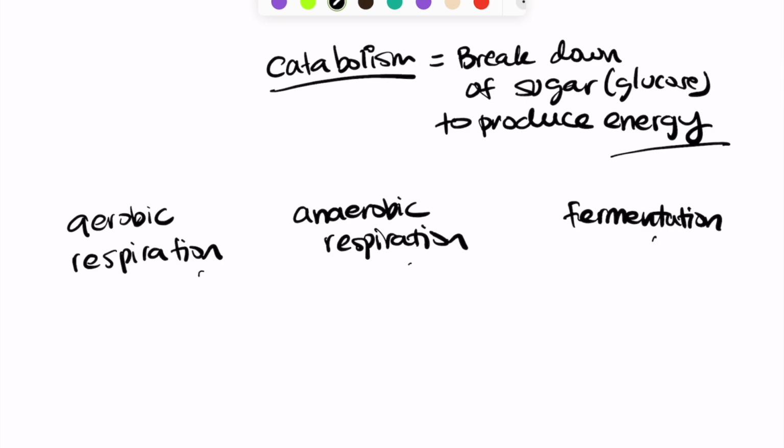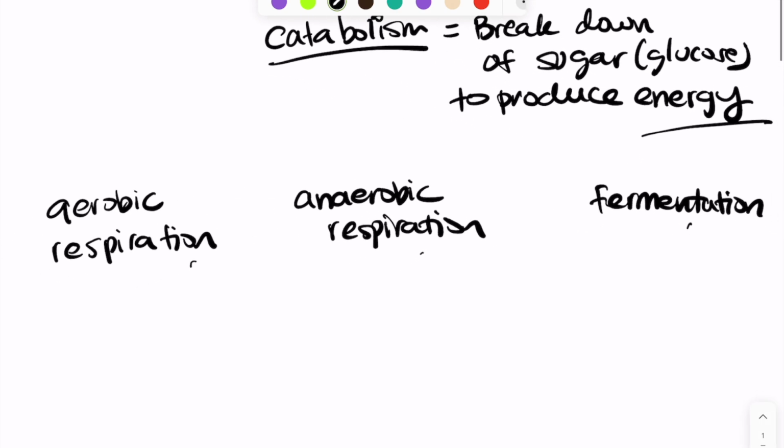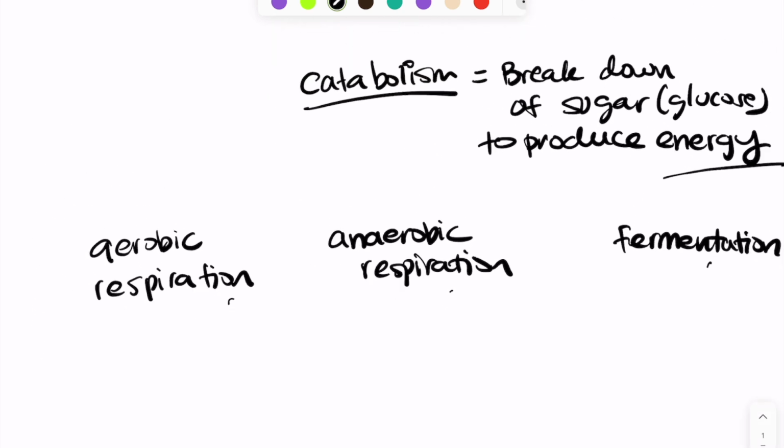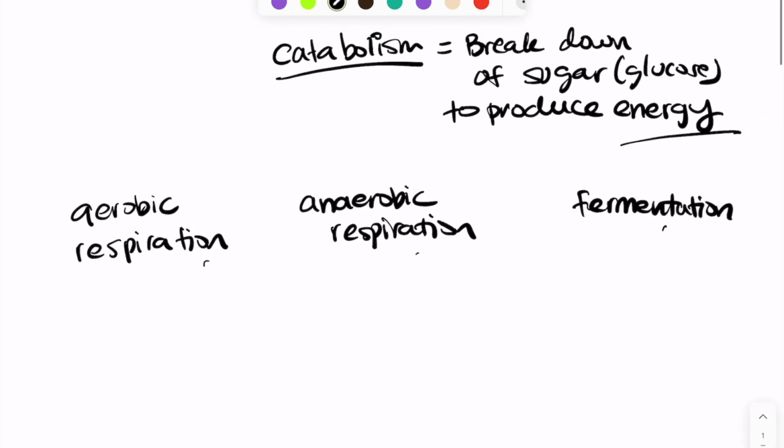Okay. So the first one, we went through the worksheet that you have, is aerobic respiration, which we separated into 3 parts. But basically, for all of these 3 pathways to start producing energy, all of them will involve glycolysis.